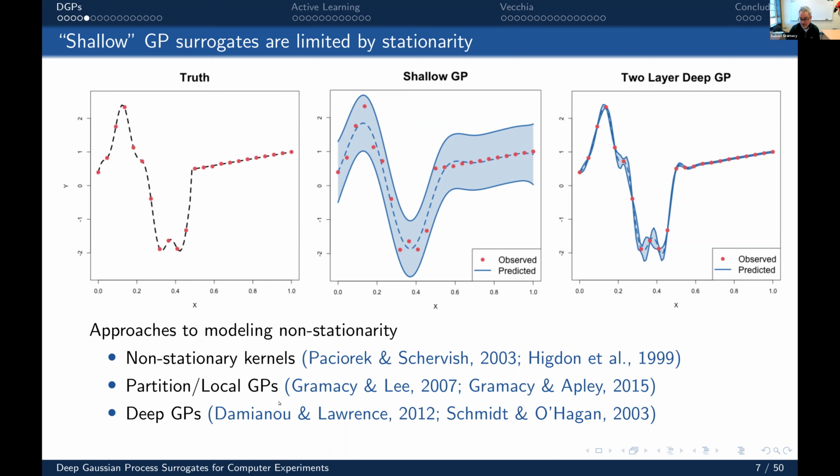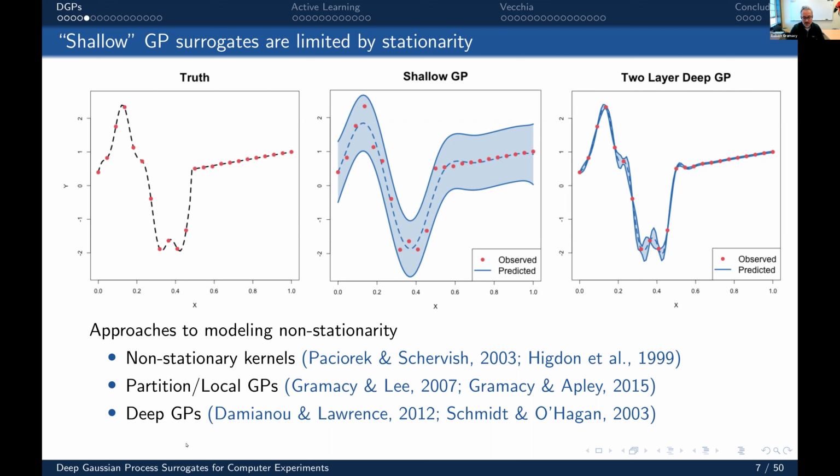Another good approach that I've worked on a lot is divide and conquer. So that's impose independence across disparate regions of the input space and fit separate local models in those different regions. So that's kind of a cheap or a divide and conquer way to get some non-stationarity through independence.